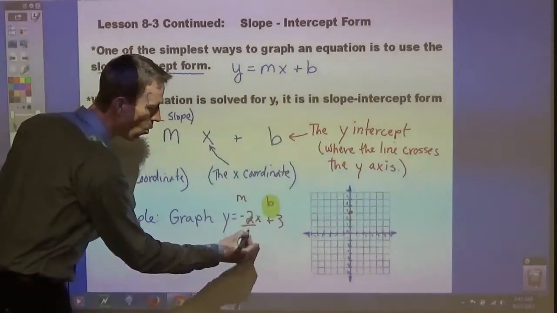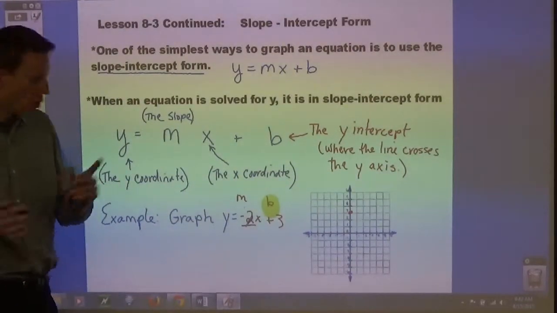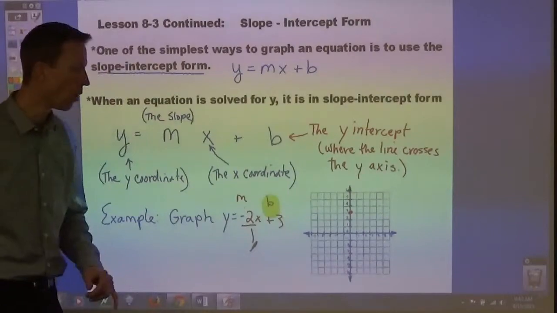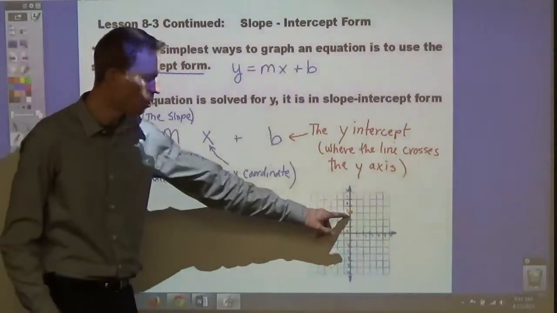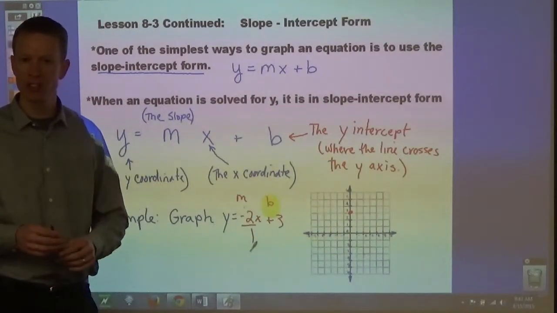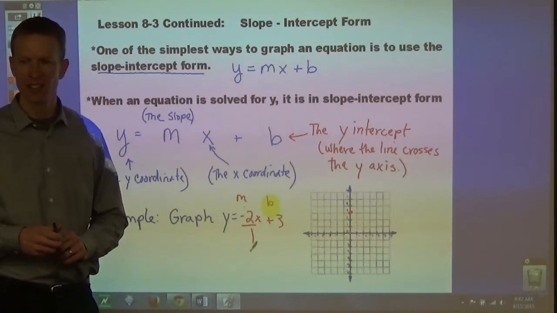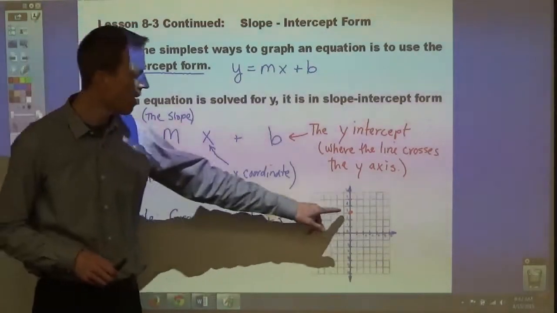We still have to go over what? What would we go over? Over 1. So how would we do that? From this point, from where the line crosses the y-axis, find the next point using the slope. Go ahead and try to do that first. Using the slope, try to find the next point on this line.